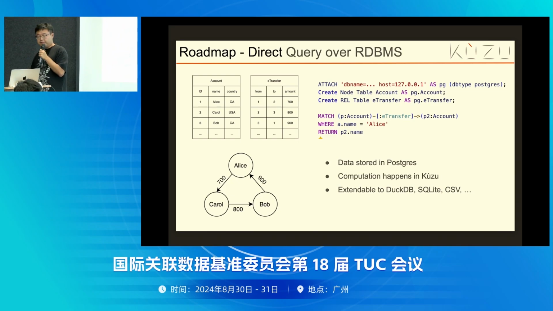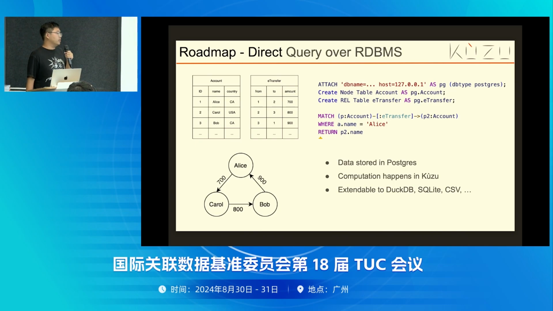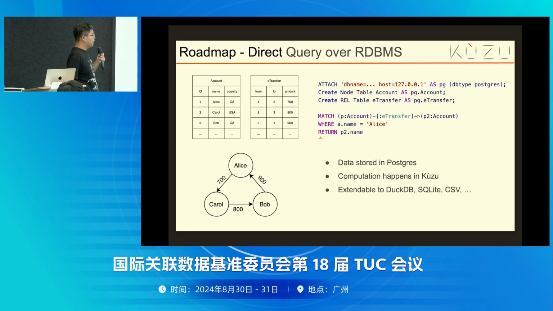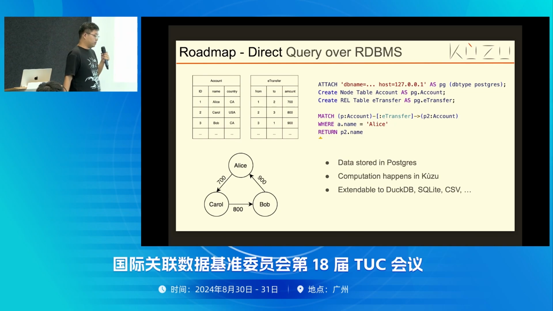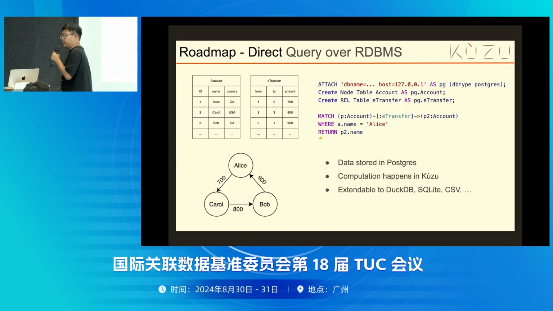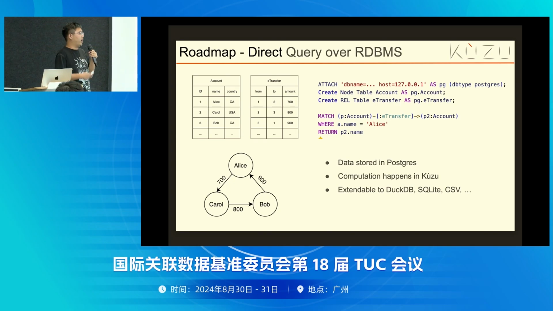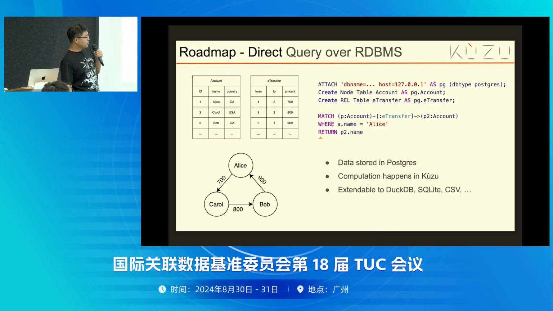The advantage of this setup is you could have your data always exist in your primary storage, like Postgres, and computation happens in Kuzu. In such a case, the user could utilize our vectorized query processor and factorized query processor to speed up their graph queries without doing any ETLs.